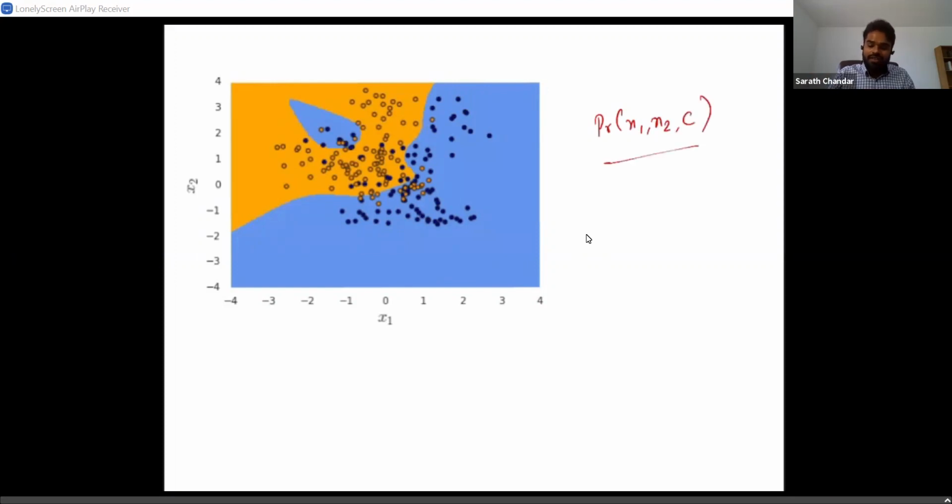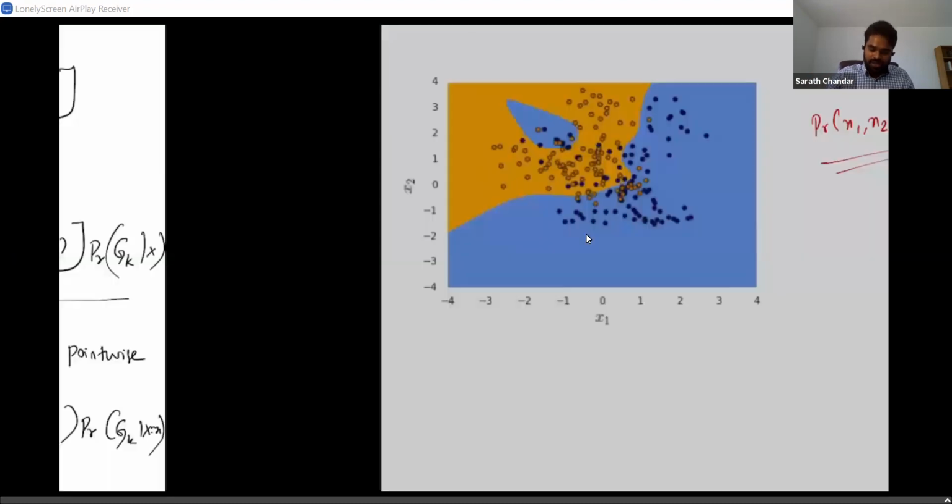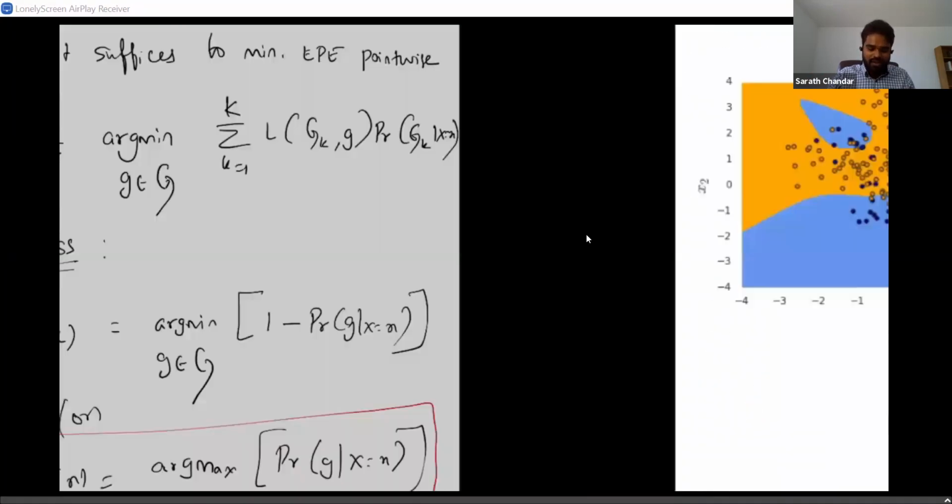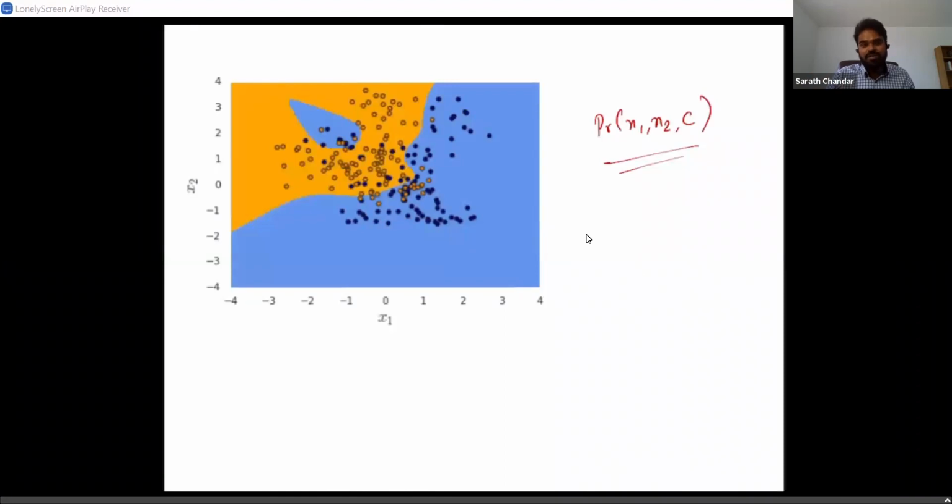I sampled this data from the probability distribution that I designed. So it's possible in this case because I have access to the true function. And this is how the Bayes optimal decision boundary will look for the toy task.